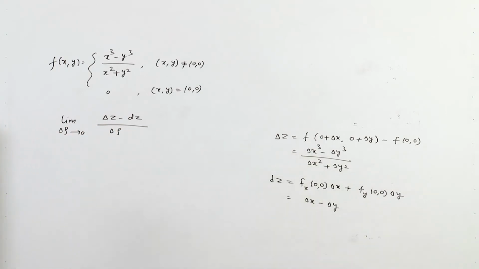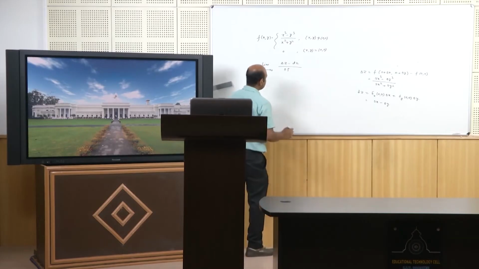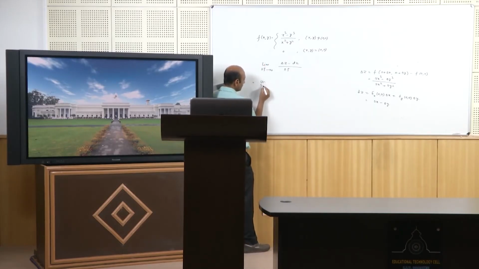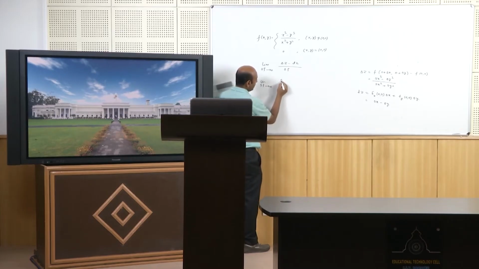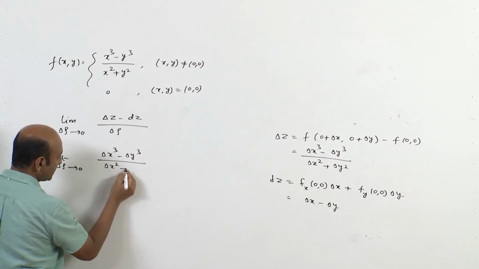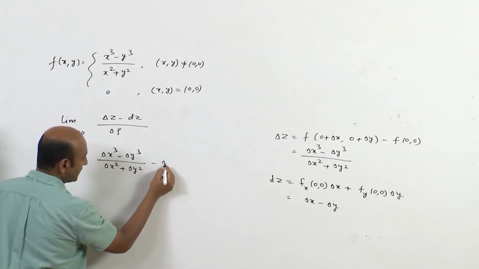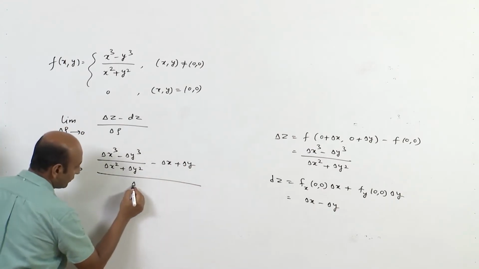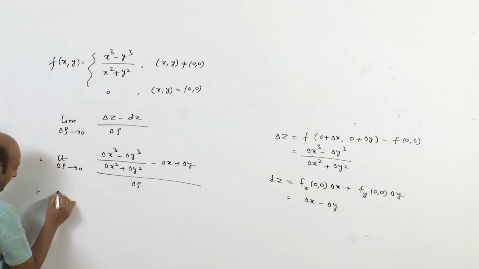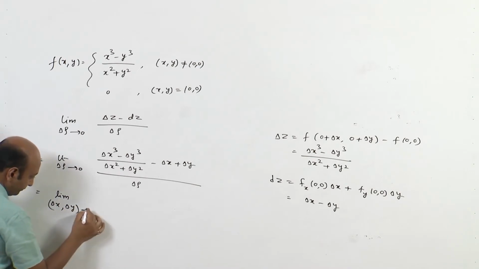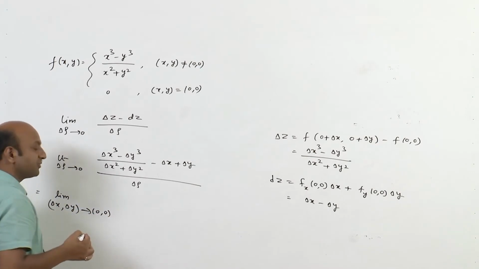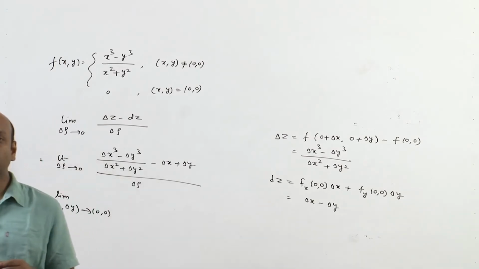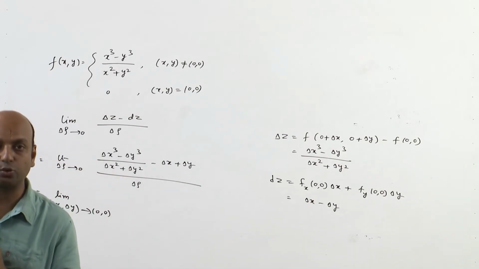Okay. So, what will be delta z minus dz? This will be delta x cube minus delta y cube upon delta x square plus delta y square, minus delta x plus delta y, and whole divided by delta rho. Now, we can convert this limit as limit (delta x, delta y) tending to (0, 0), because delta rho is under root delta x square plus delta y square.